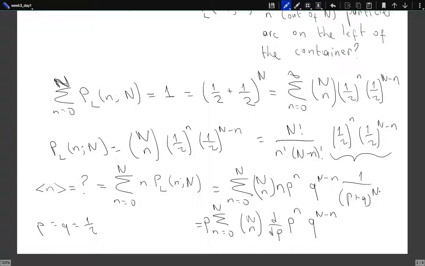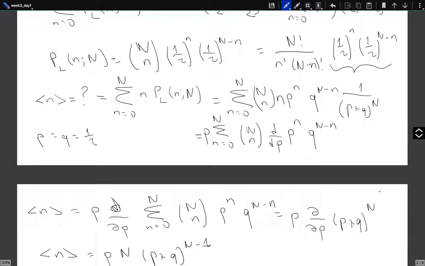But you are right. Formally, this derivation is flawed in the sense that, as you said, I'm taking the derivative with respect to P, ignoring the dependence of Q on P. If I want to ignore that dependence, I have to divide by this factor P plus Q to the n. But of course, since it's just out of the summation, it will be out of this derivative.